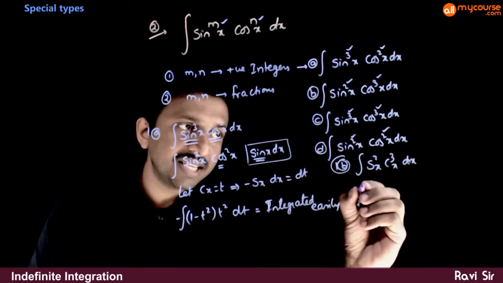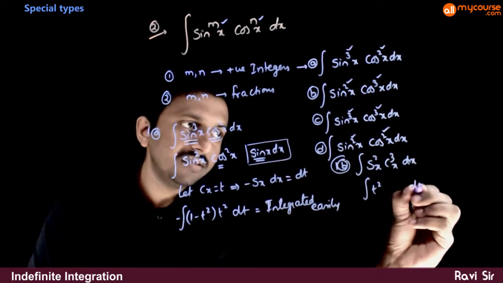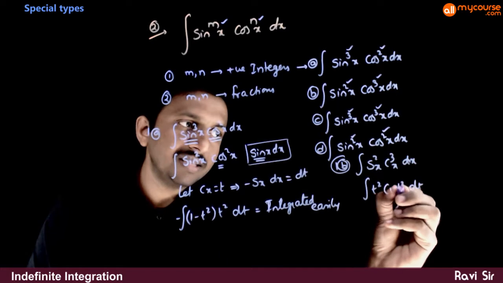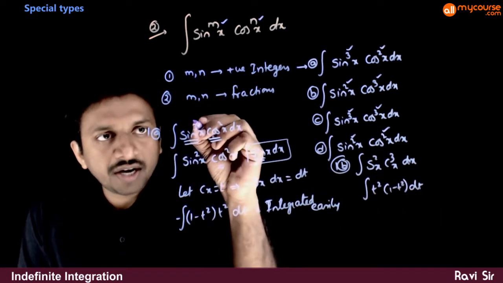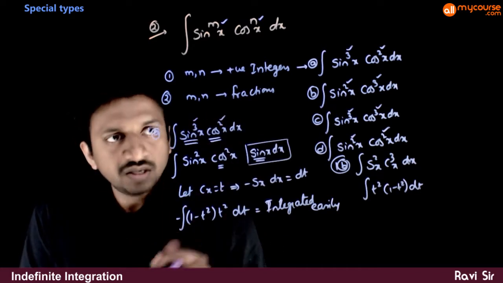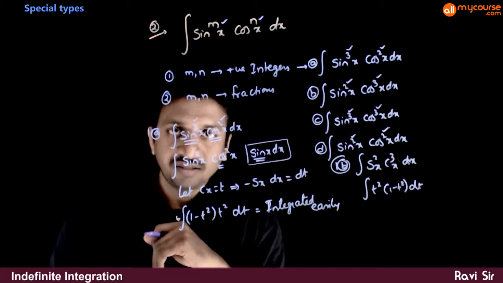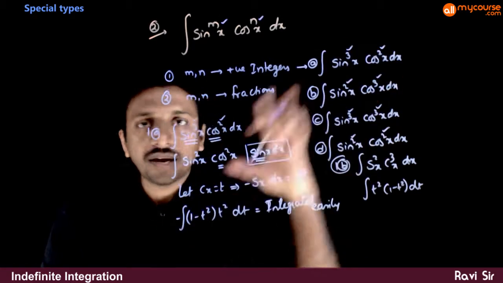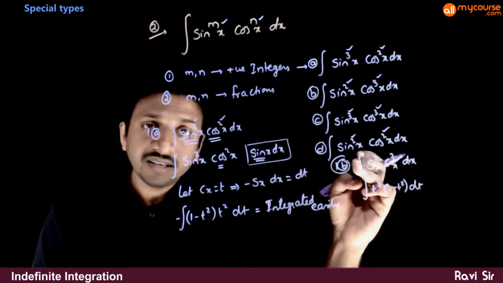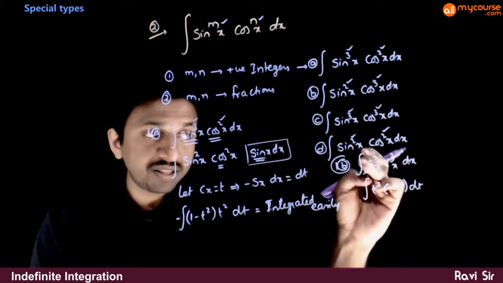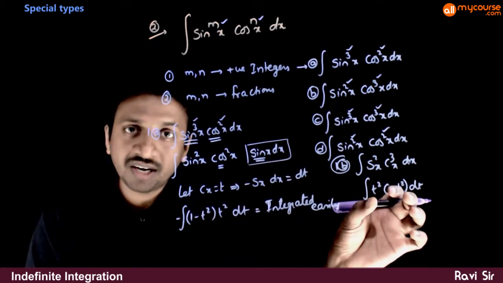If you assume sin x as t, this becomes t square, cos x dx becomes dt, and cos square x becomes 1 minus t square. So when one power is odd and the other power is even, whatever is the trigonometric ratio with even power, that has to be taken as t. I hope these two are clear. And once you take the trigonometric ratio with even power as t, the integral will become a polynomial integral. You get the answer.